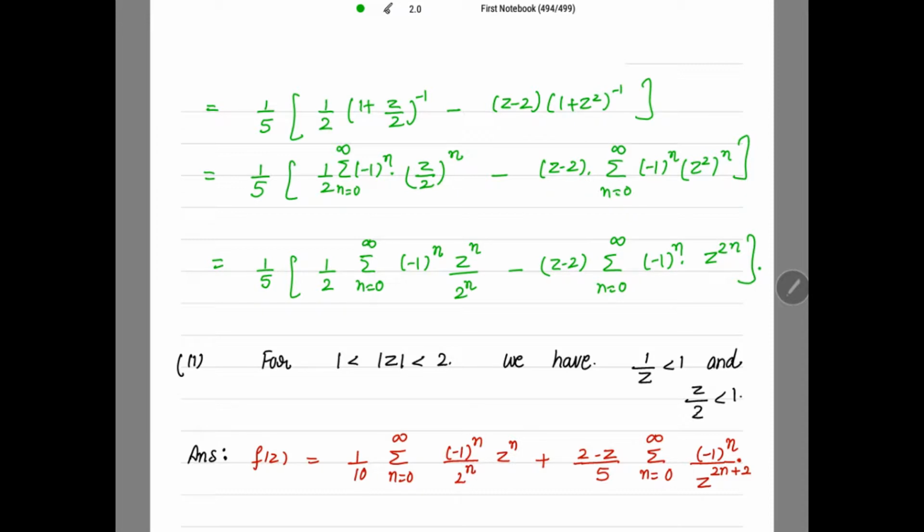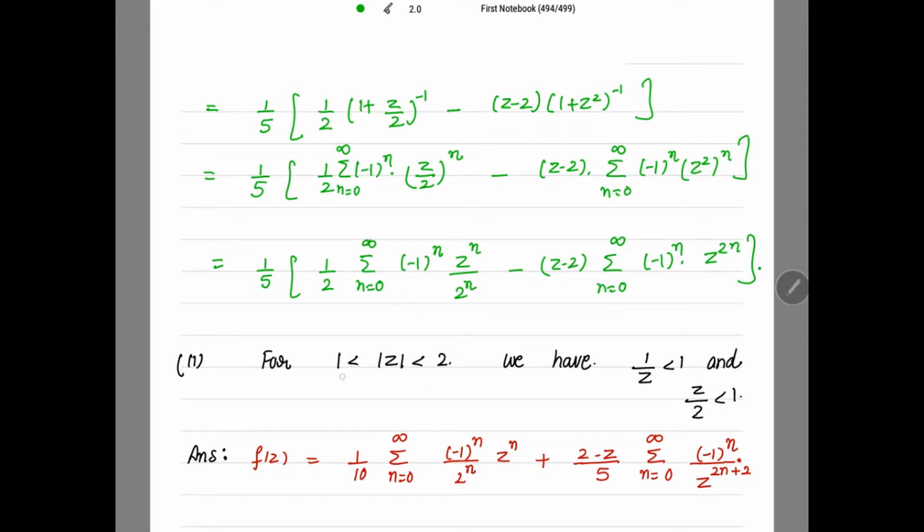Easy? Very easy. We just have to keep in mind the condition less than 1. What we write, we fraction with z, so that I can get that less than 1 sign, right? For the second part, I'm having mod z lying between 1 and 2. Now I need the sign less than 1.